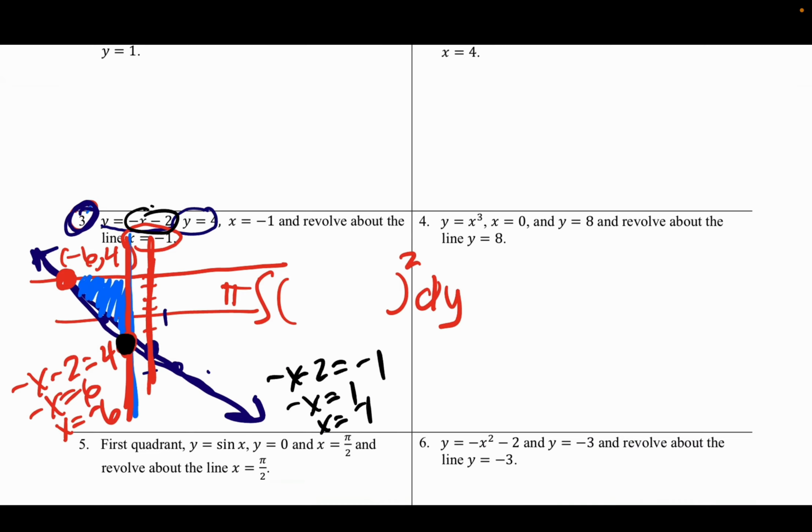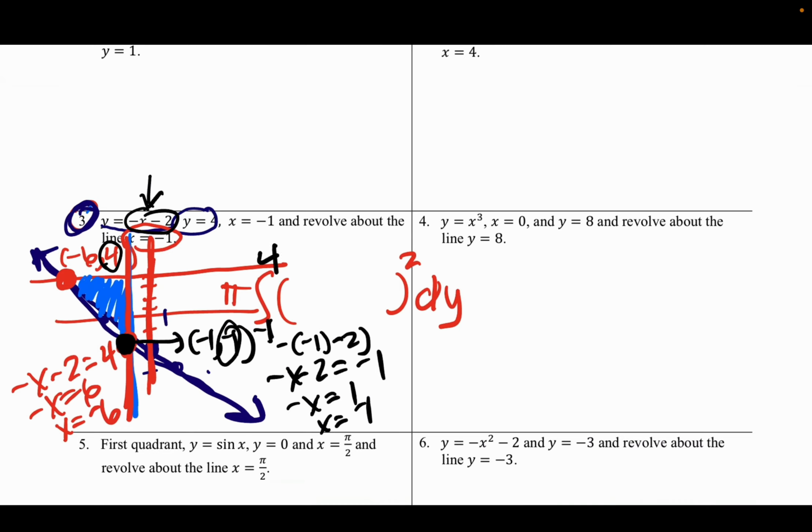So we need to fill in -1 to get our y point for x. So that was sort of a waste of time. We know x is -1. And when x is -1, this point would be -1 minus 2, so it's going to be (-1, -1). So my y values are going to go from -1 to 4.